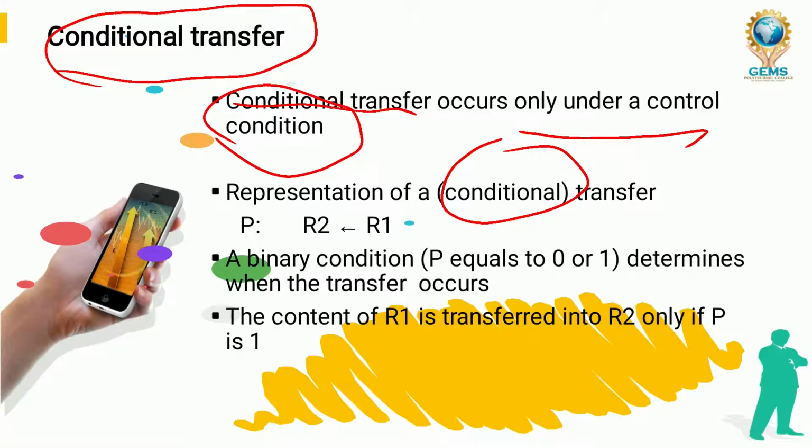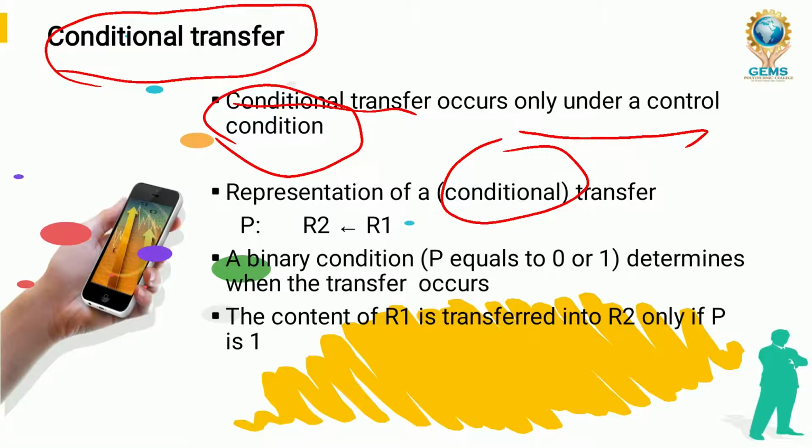P is equal to 0 or 1, it may be 0 or 1. When the transfer occurs, we are giving one condition here. We have to transfer data R1 to R2, when the condition is satisfied.